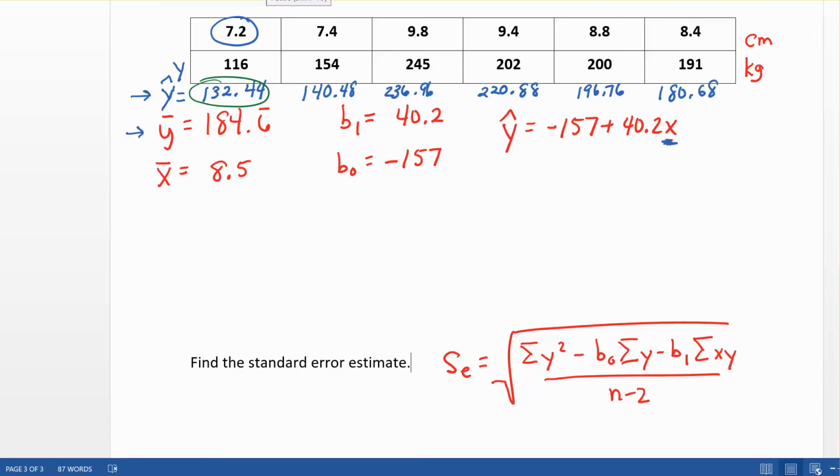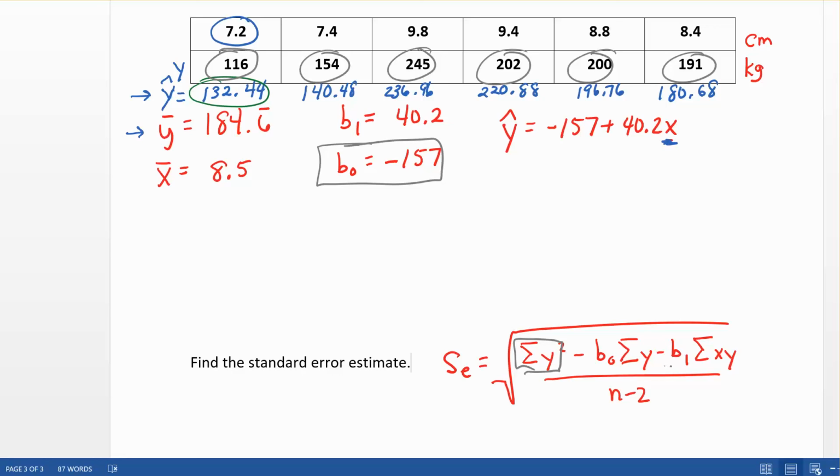So what does that look like? How are we going to find that? Well, we're going to find the sum of the y squared values. So we're going to take all the y values, 116, 154, square them and then add that together. And that's going to go right here. Then we're going to take the sum of all the y values and take that times b sub 0, which is our y-intercept in our regression line.